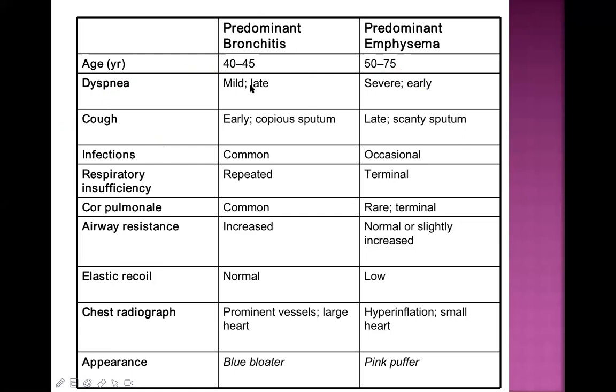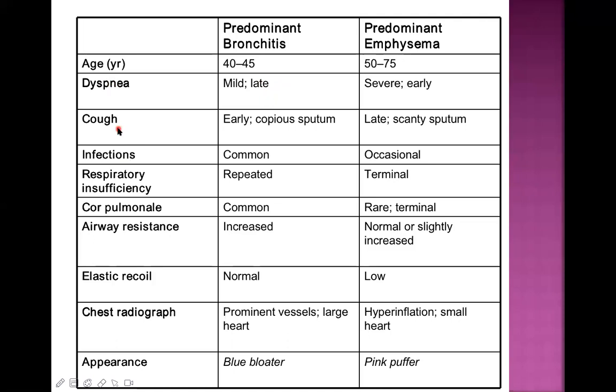Regarding the dyspnea, in emphysema it is severe and early, but in case of chronic bronchitis it is mild and it occurs late in the course. That is difficulty to breathe.